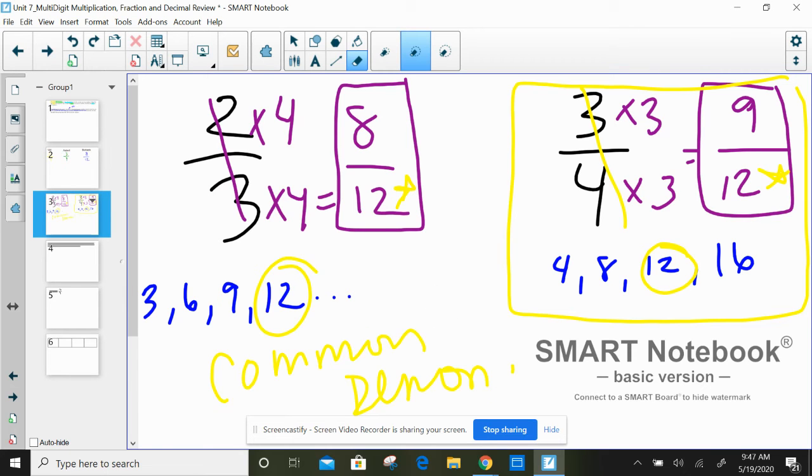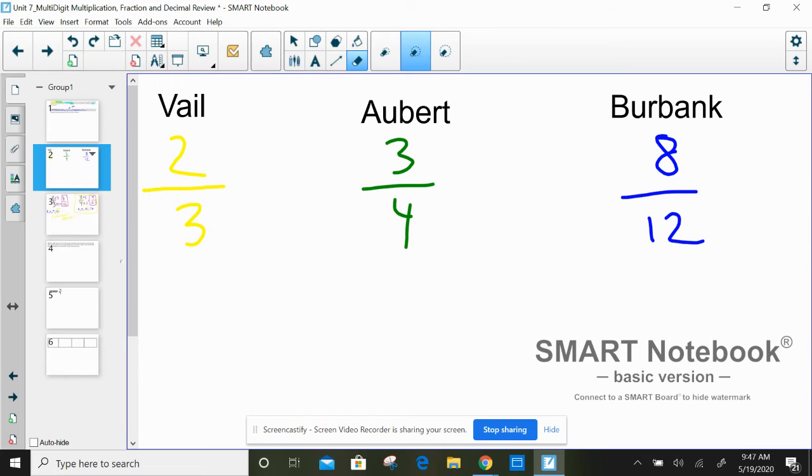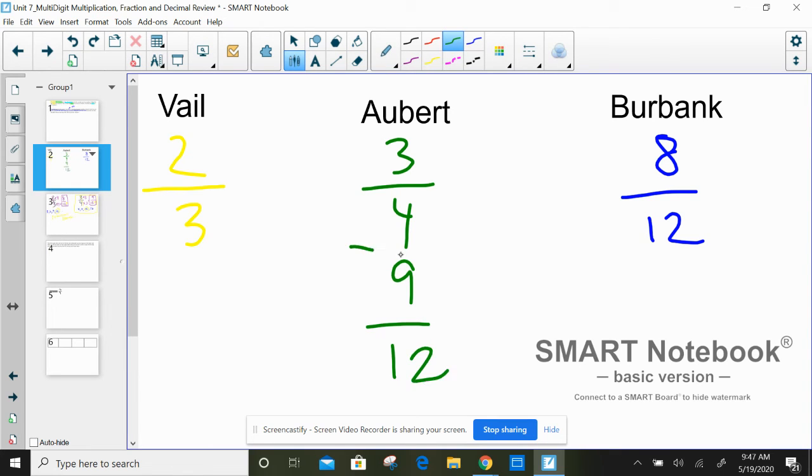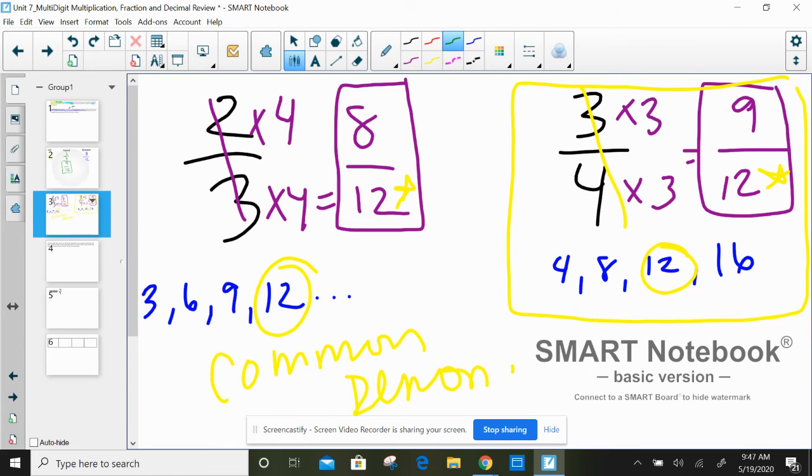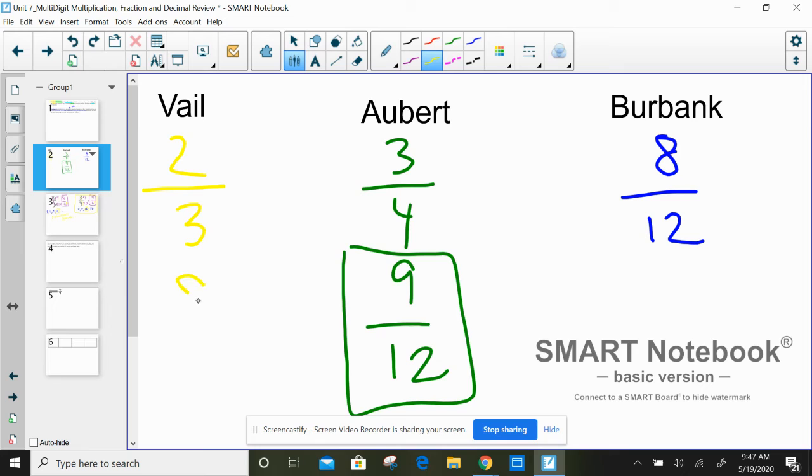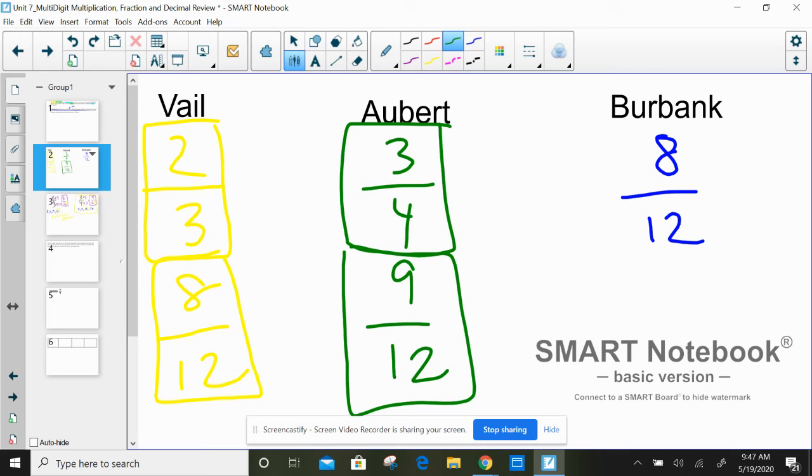So 3/4 is equivalent to 9/12. And then 2/3 is equivalent to 8/12. Okay, so that means 2/3 and 8/12, they're equivalent, and 3/4 and 9/12 are equivalent.